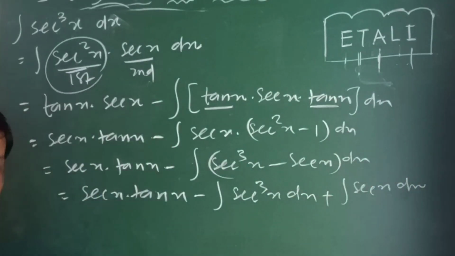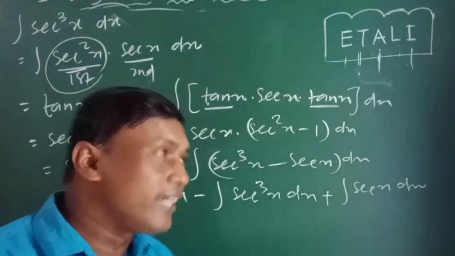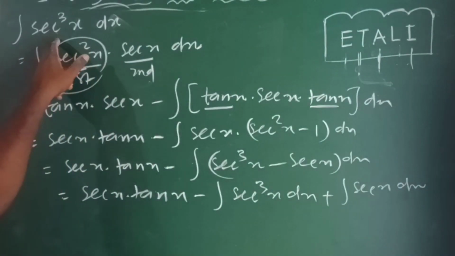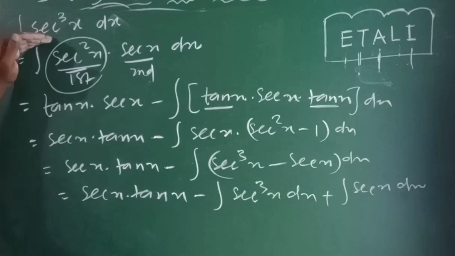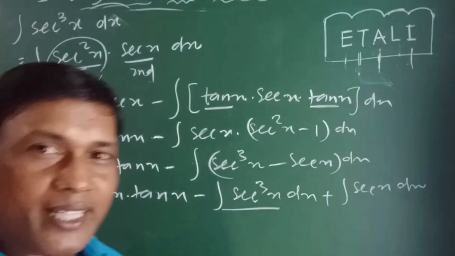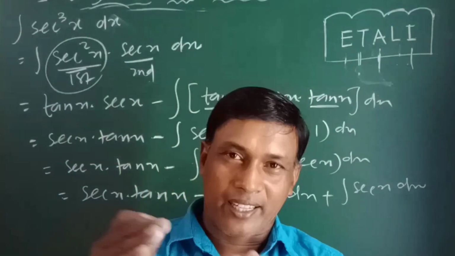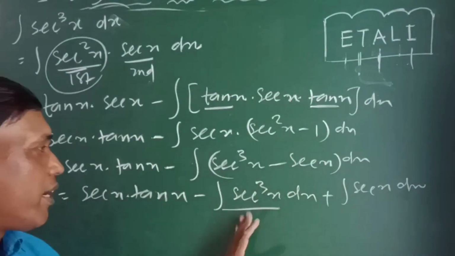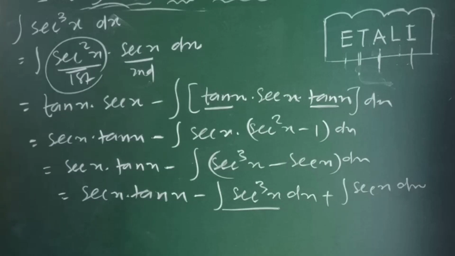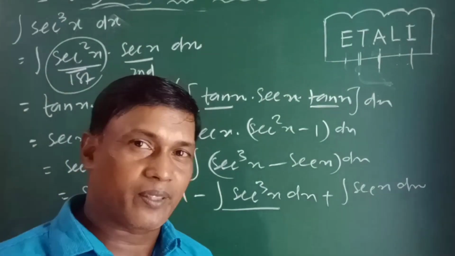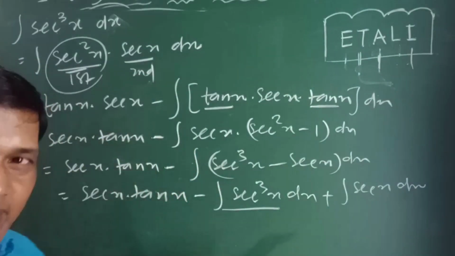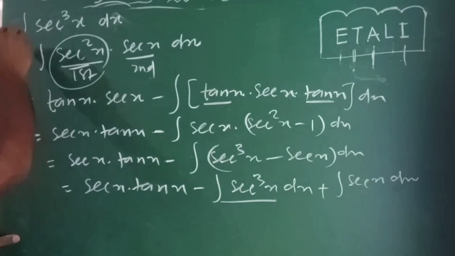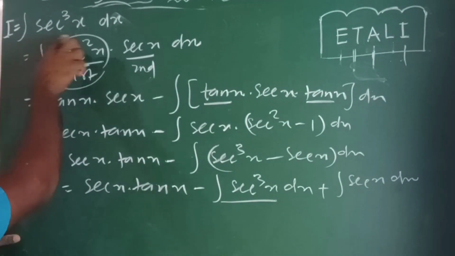Dear students, very important thing: we are integrating sec cube x. In the integration of sec cube x there is another sec cube x. हम sec cube x का इंटीग्रेशन कर रहे थे, and integration of sec cube x is something minus integration of sec cube x. So what can be done here? Look at here, dear students. In such cases you can put, suppose this is I, that means I is the integration of sec cube x.